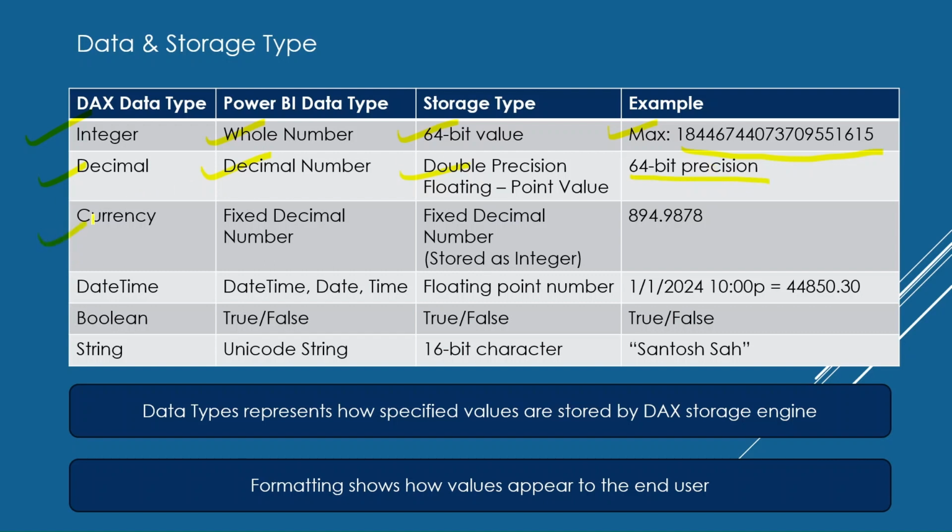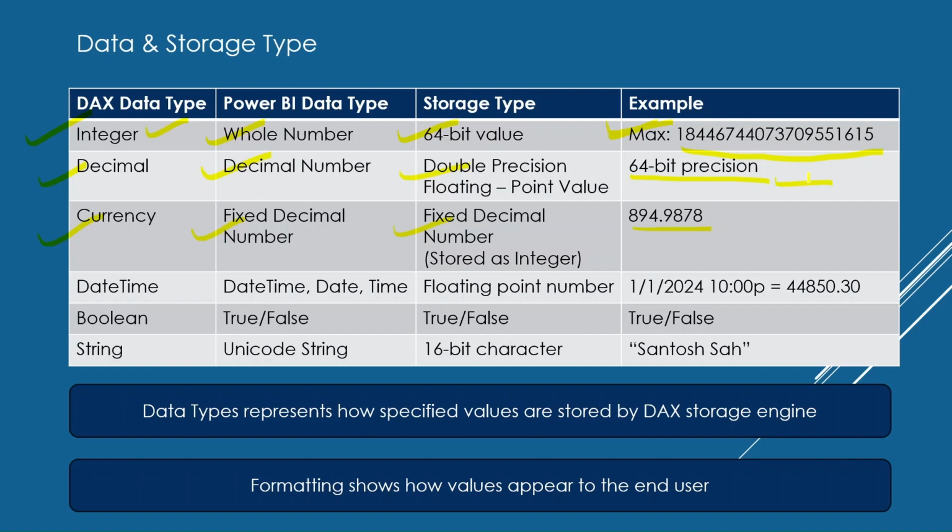The currency data type present in DAX is stored in Power BI as a fixed decimal number, and the storage type is fixed decimal number. The maximum value we can store is like this one. This is an example of the data we store in the integer data type.